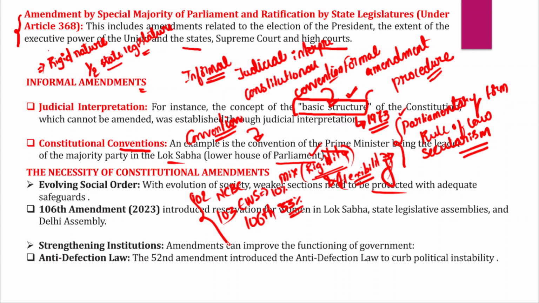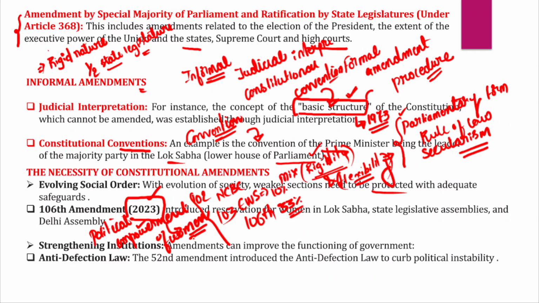As I have already discussed, the 106th Constitutional Amendment provided 33% reservation. It is expected that through this Constitutional Amendment Act, it would result in the political empowerment of women, as it increases women's participation.